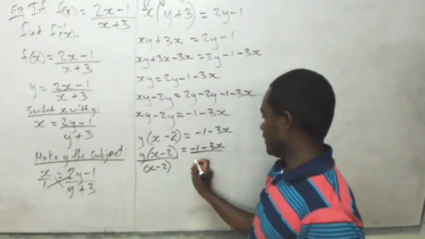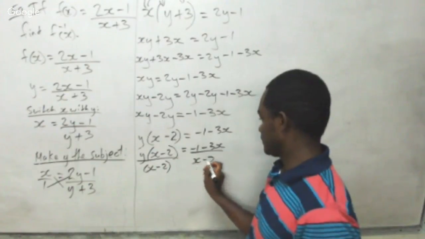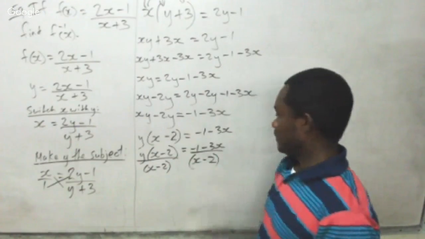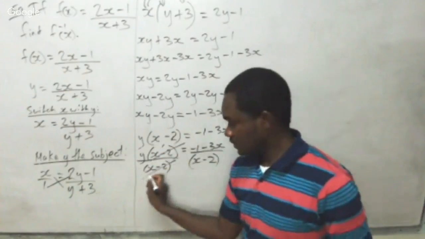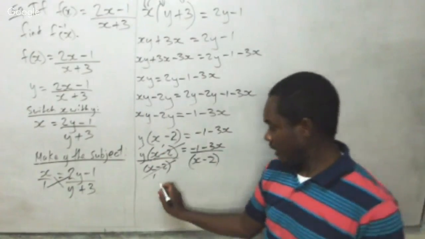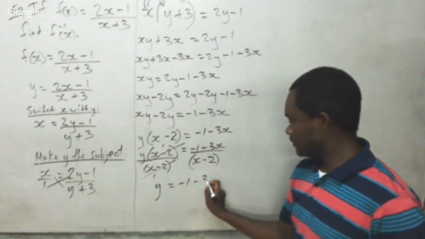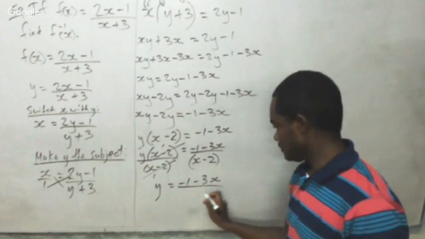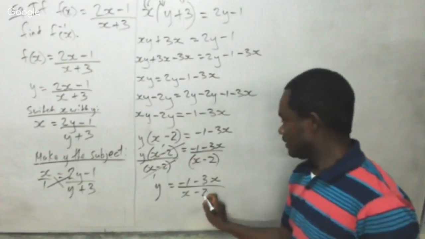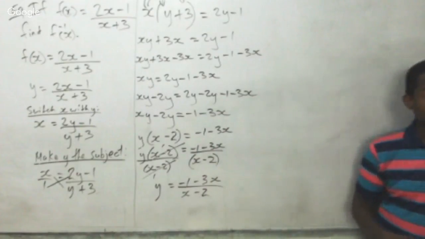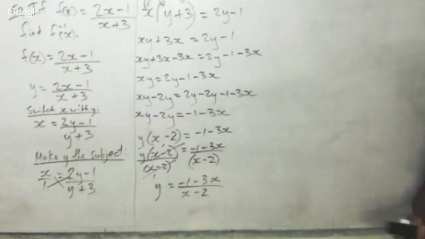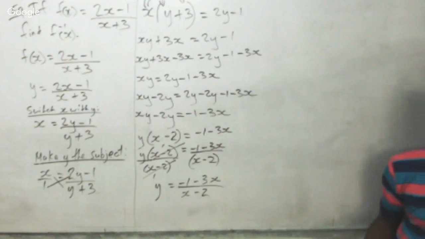So we're dividing by x minus 2. This into this 1, this into this 1. You see that? So now y is equal to negative 1 minus 3x. This y that you found is now the inverse.